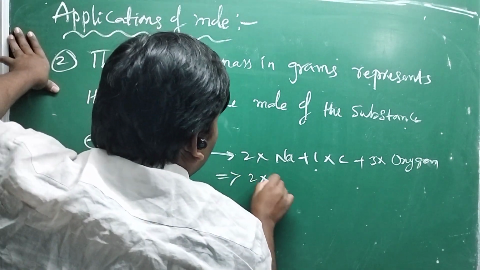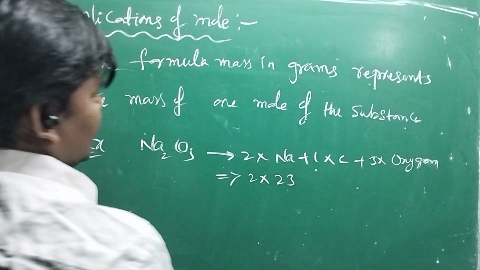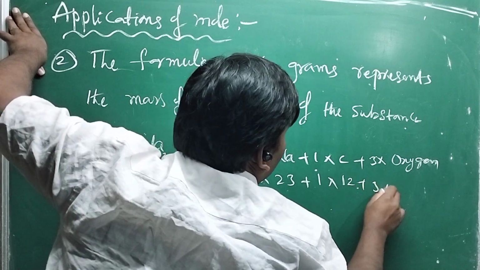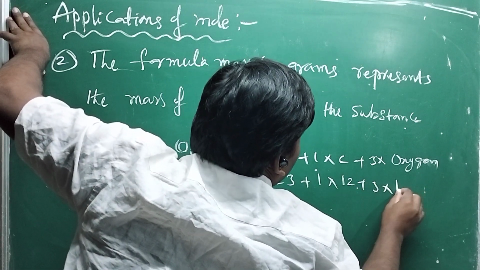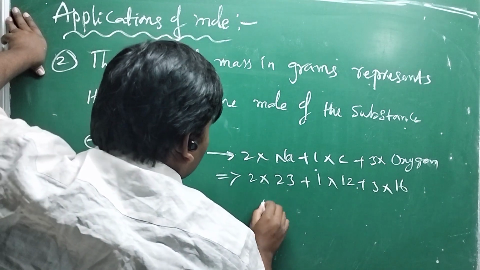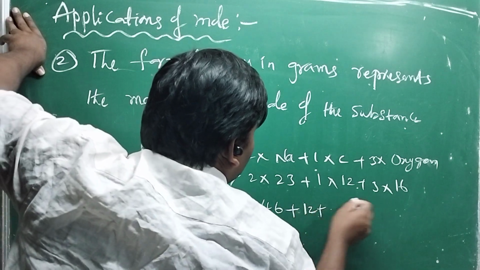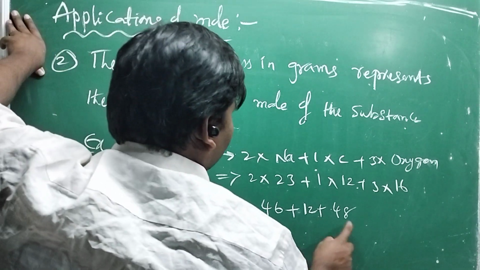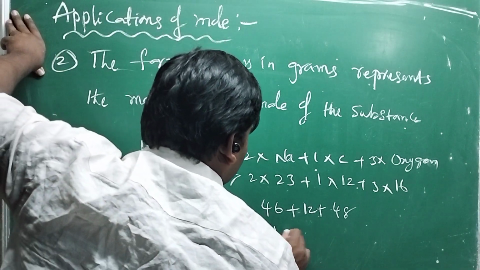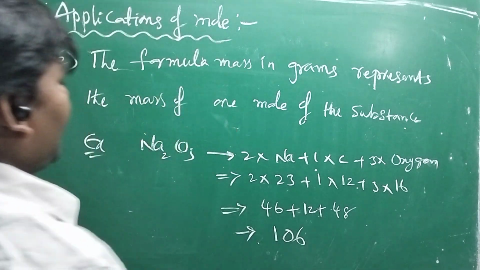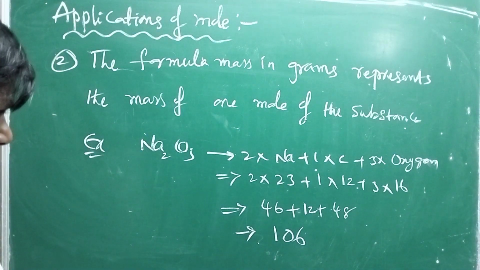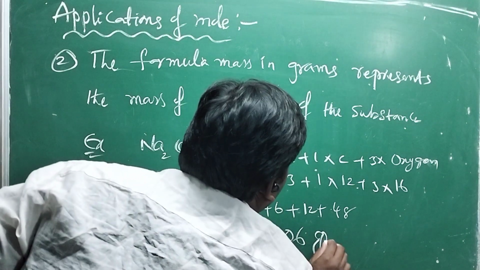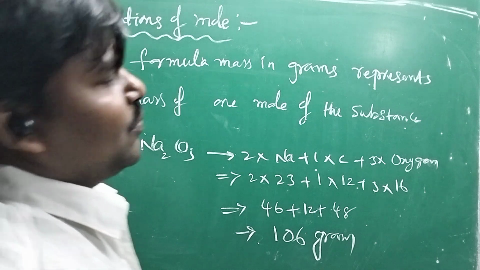Here the atomic mass of sodium is 23, carbon is 12, oxygen is 16. So 2 times 23 is 46, plus 12, plus 3 times 16 is 48, which gives 106. 106 is the formula mass of sodium carbonate. It can be expressed in grams, and is then called the gram formula mass.